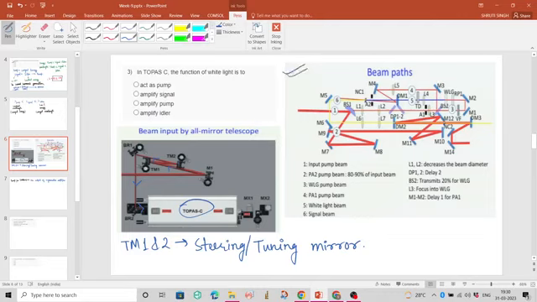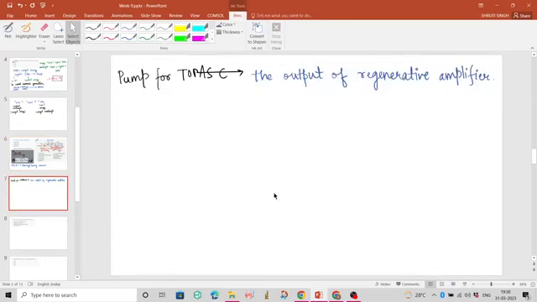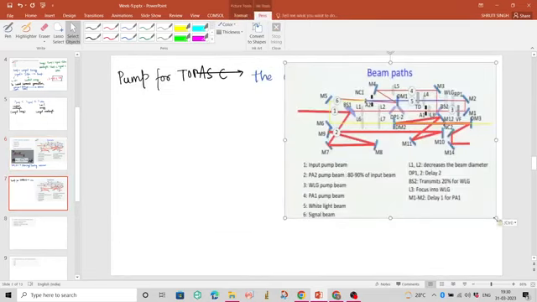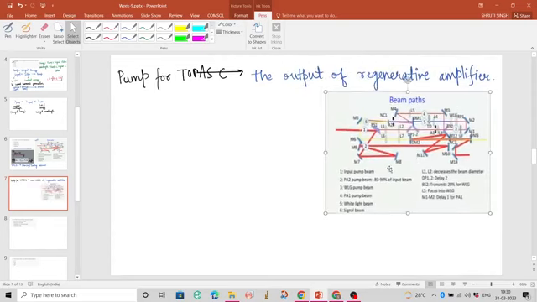Now we will discuss this figure a bit. Let me copy paste it here. Let me keep this figure.